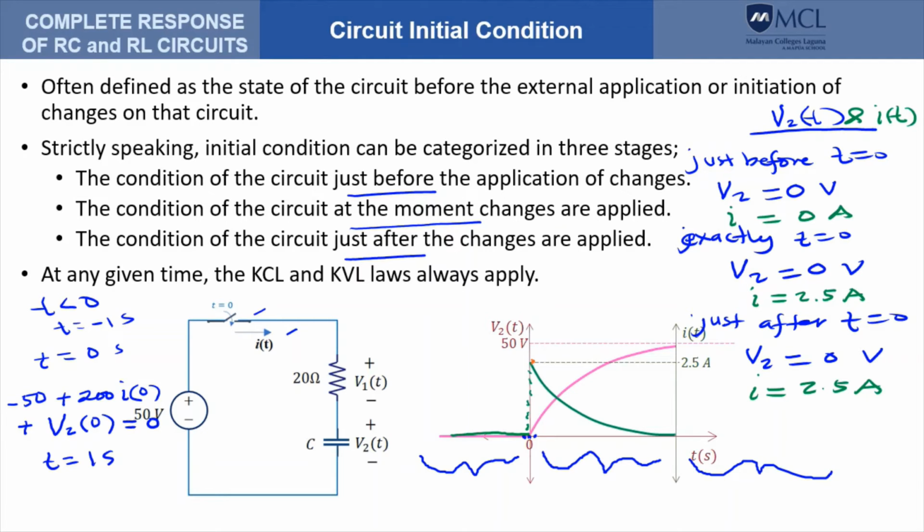Still, KVL should apply. So if we write the KVL, that should give us minus 50, we start here, plus 200 times I at t equals 1 second, plus V sub 2 at 1 second equals 0. So Kirchhoff's laws still apply regardless of what time you are analyzing the circuit.